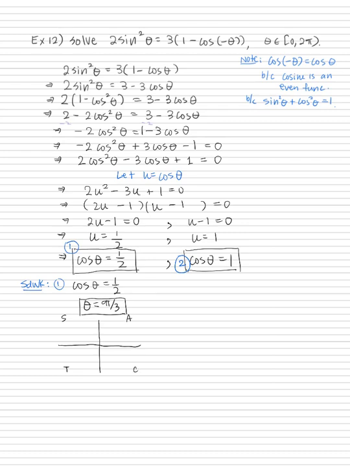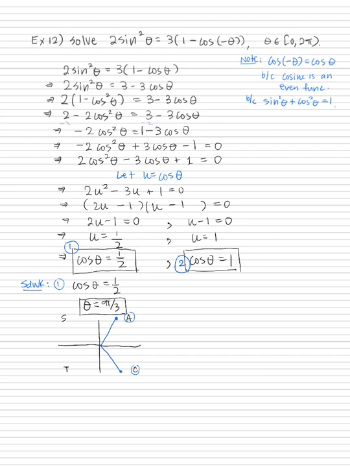Again, cosine is positive in quadrant 1 and quadrant 4. So you're going to go pi over 3 units this way and pi over 3 units this way. That's going to be our terminal point.